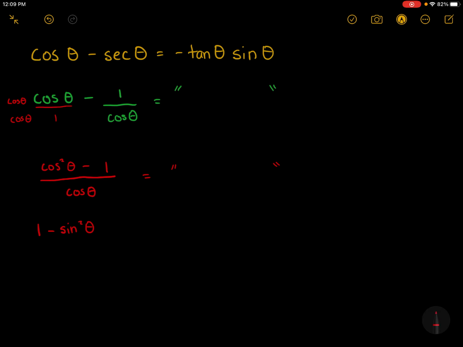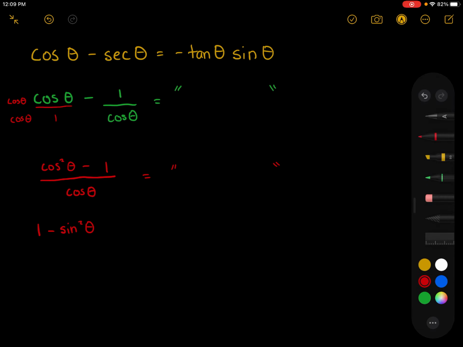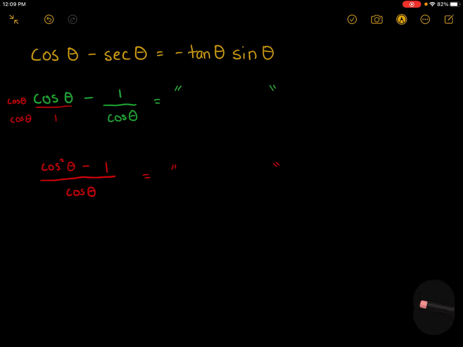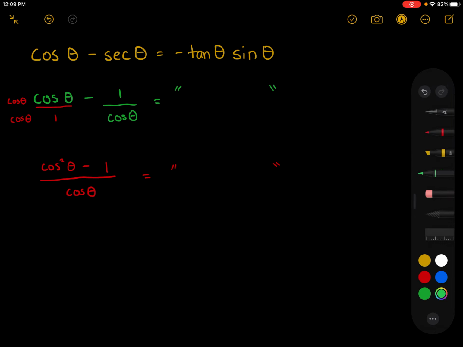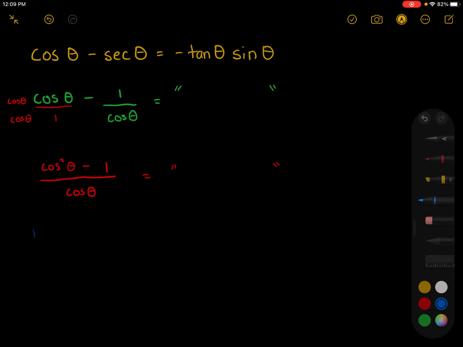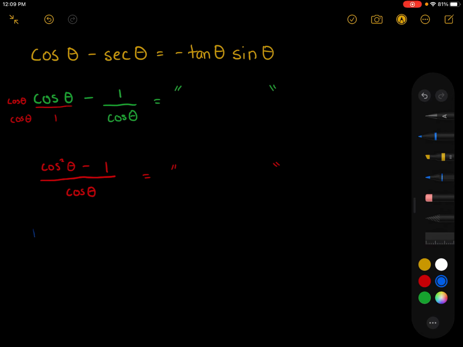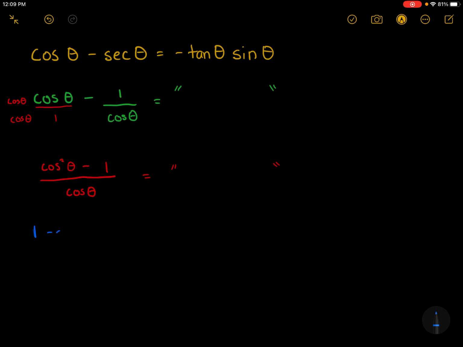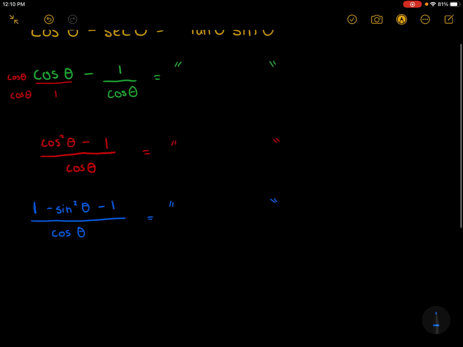Different color, Mr. Martin. Let's go with blue. So 1 minus sine squared theta minus 1 divided by cosine theta is still going to equal that negative tangent theta sine theta.